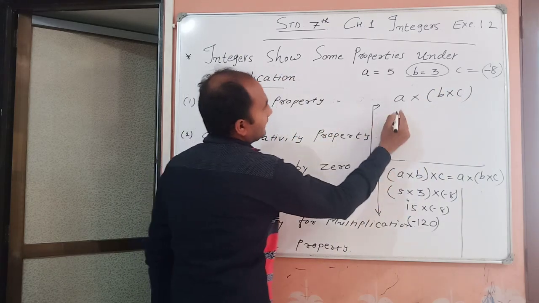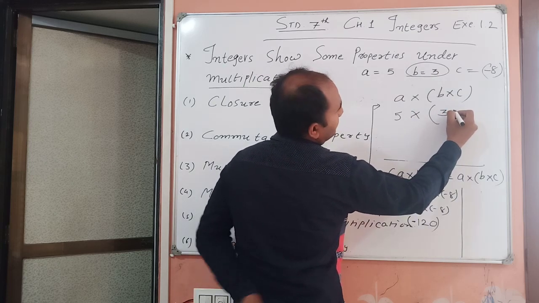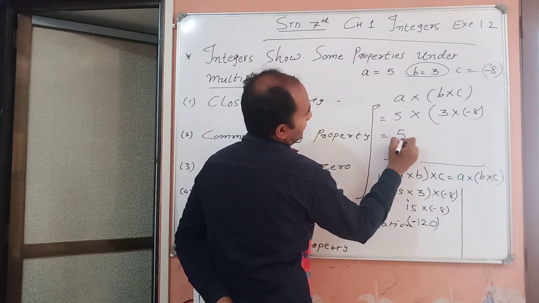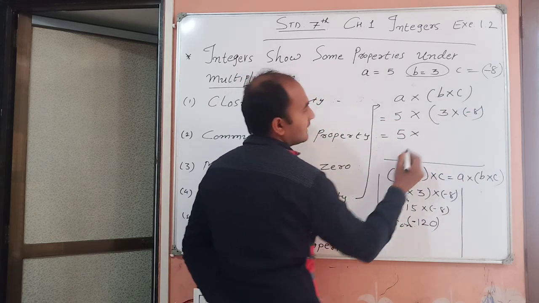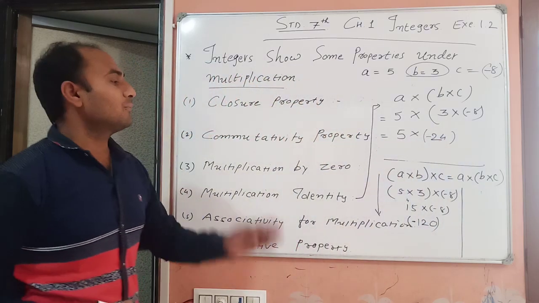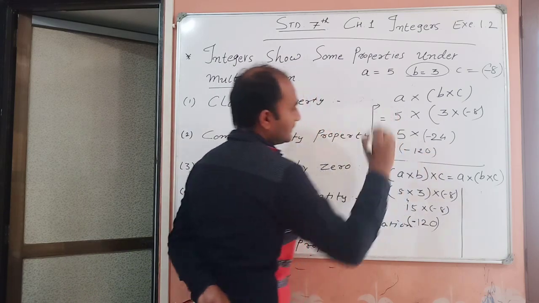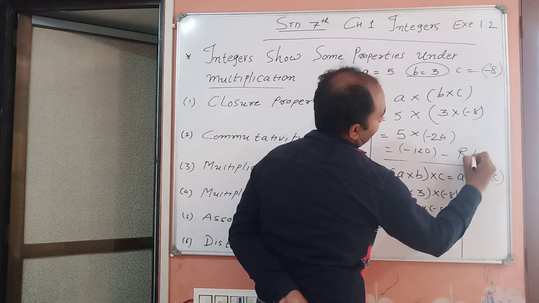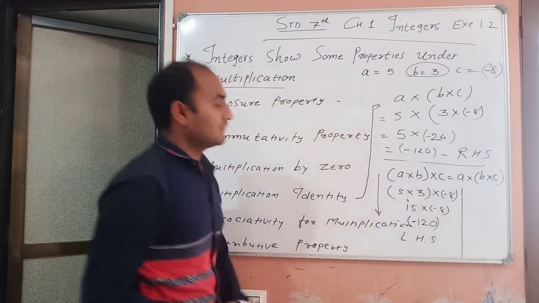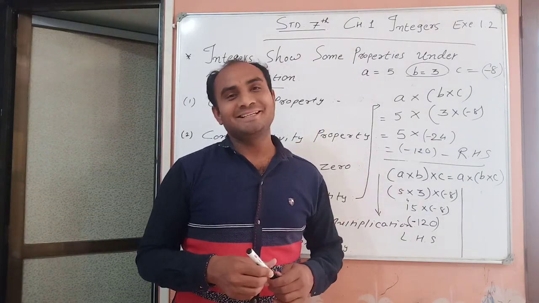The value of A is 5, the value of B is 3 and C is minus 8. 3 8s are 24, minus 24. 24 5s are, the answer is minus 120. So it is the RHS and it is the LHS. So the left hand side and right hand side are both equal.